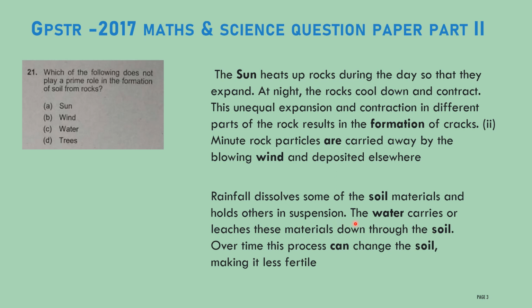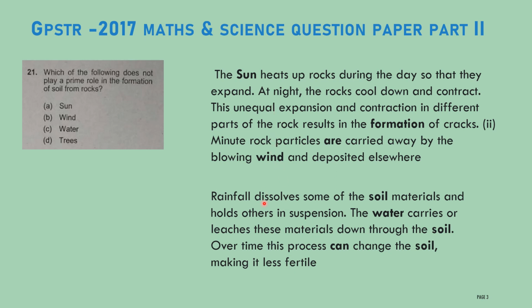The water carries and leaches these materials down through the soil. Water will carry some of the light soil particles and also absorb some of them. Then over time, this process can change the soil and make it less fertile. This process makes the soil less fertile.